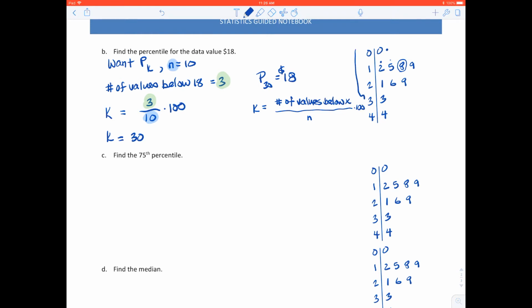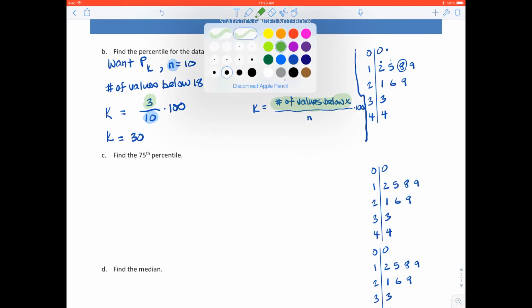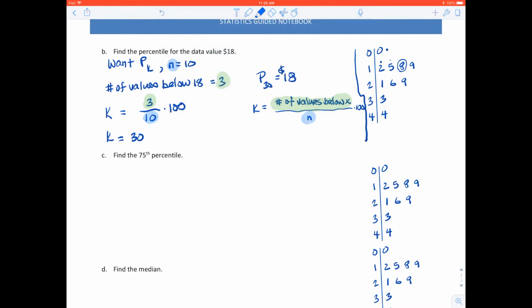Sorry, it got smushed in there. That was what we used. All right. And so this was the green, and here's our N. Groovy? All right, and that's our solution there.